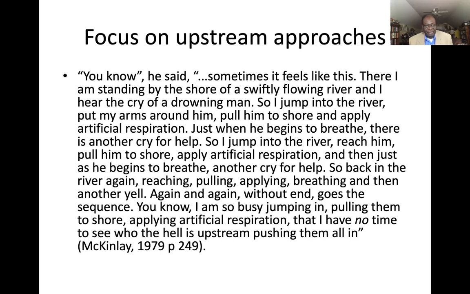So back in the river again, reaching, pulling, applying, breathing, and then another yell. Again and again, without end, goes the sequence.